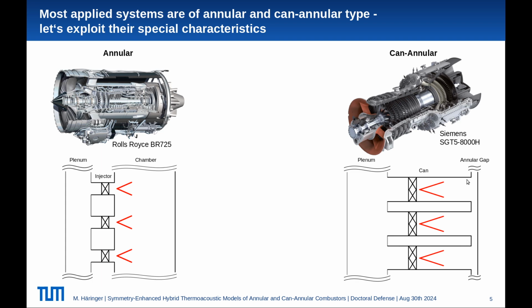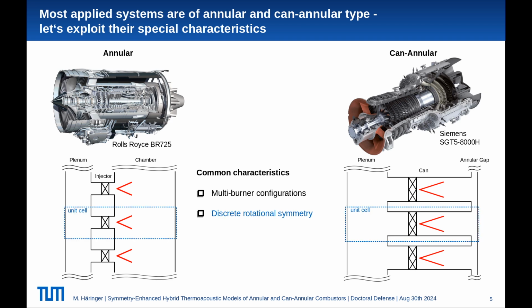So these systems might look quite different, but they share important characteristics. First of all, they are multi-burner configurations, just meaning they comprise multiple flames. Secondly, most importantly, those systems have a discrete rotational symmetry.